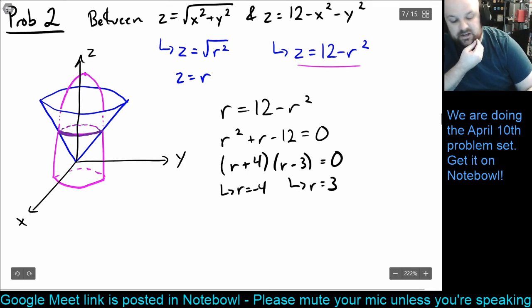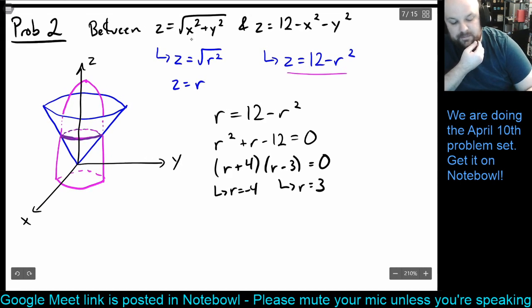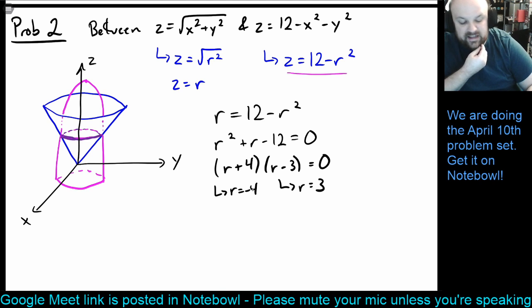Because again, this is the top half of the cone. If we pick the negative r, then z is going to be negative 4, which is all the way down here. What this negative value represents is the intersection of this paraboloid with the other half of this cone.